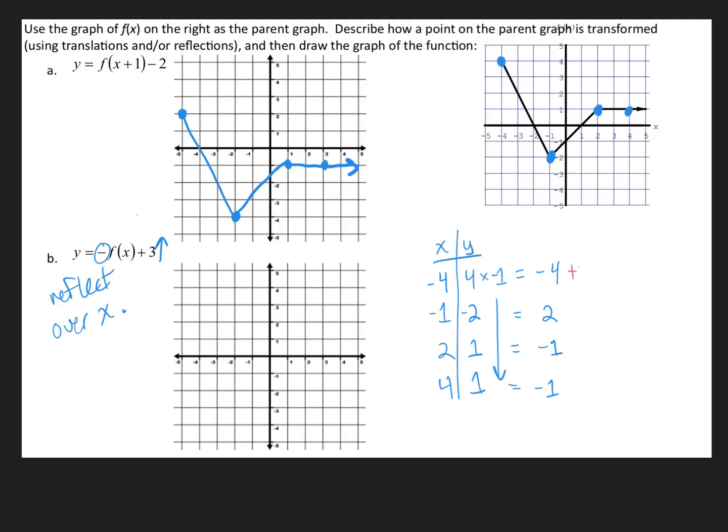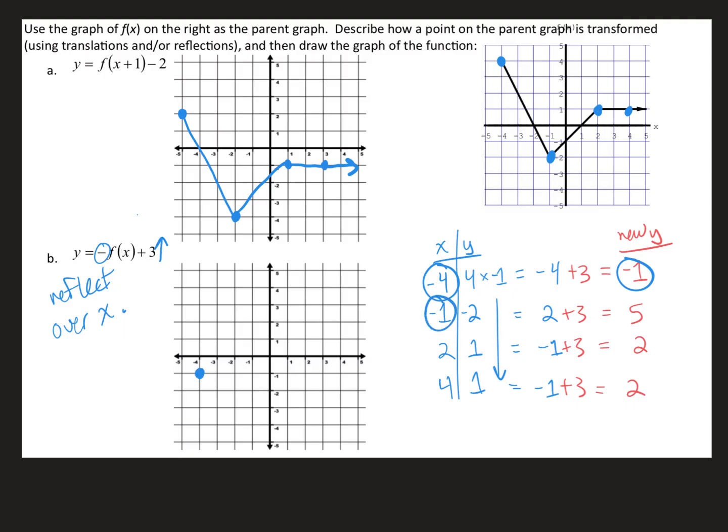Then you can go through and add the 3, which will give you a -1, a 5, a 2, and a 2. Now again, I'm going to plot these x's with the new y values over here. So that gives me a graph for -4, -1.